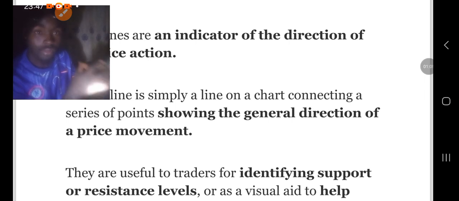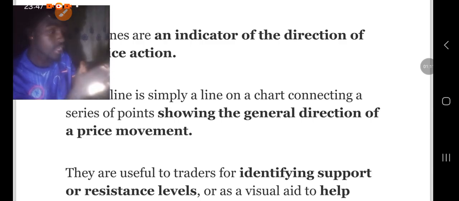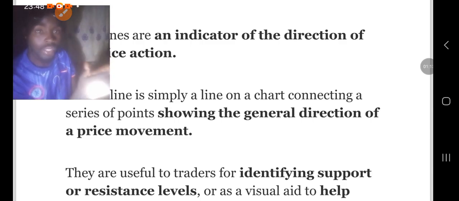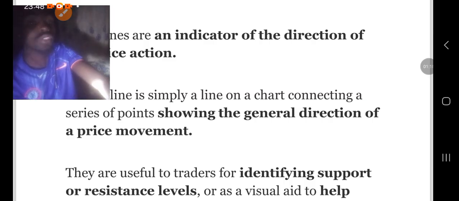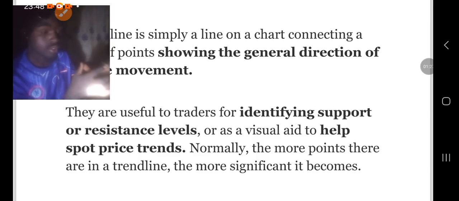So the trend line is a tool or an indicator to show the direction, whether the market is moving up or down, right? They are useful to traders for identifying support and resistance and to help spot the price trend.